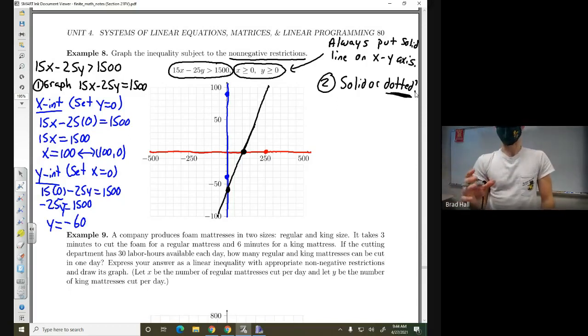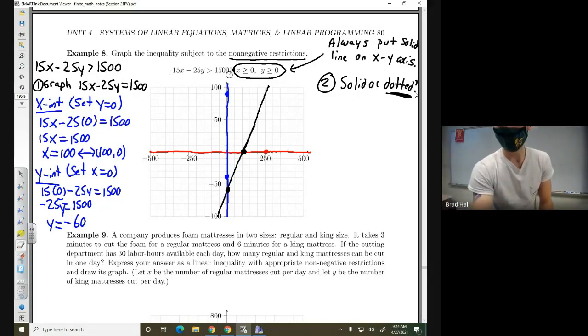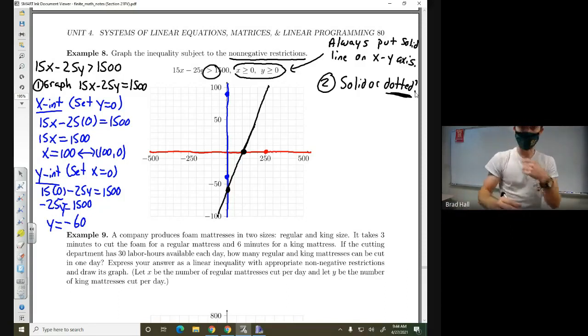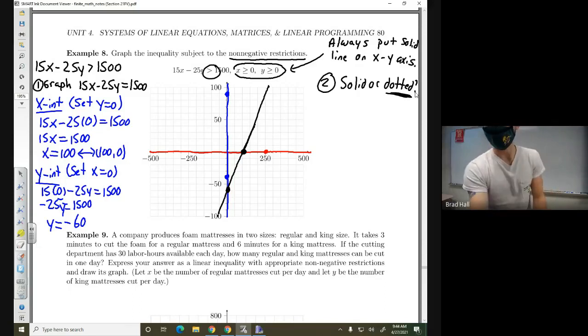Remember, this is based off of what inequality symbol we have. Does our inequality symbol have an equal to part? Well, it doesn't look like it. It looks like we have strictly greater than. There's no equal to part, which means you have to use dotted. So if you already drew this line, you can actually just erase this. It'll serve the same purpose.